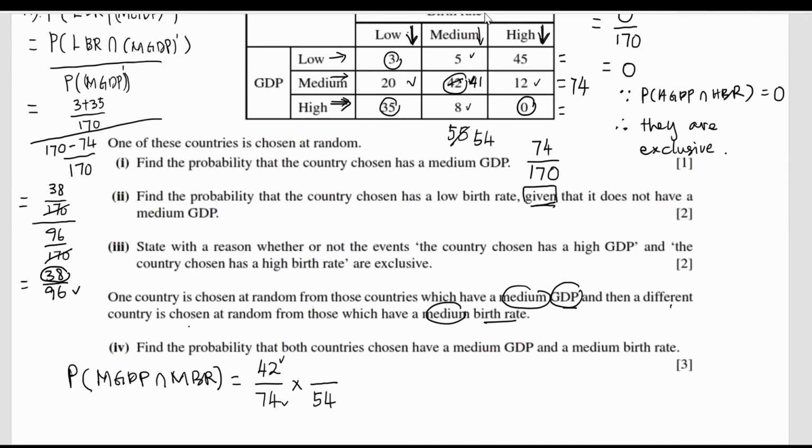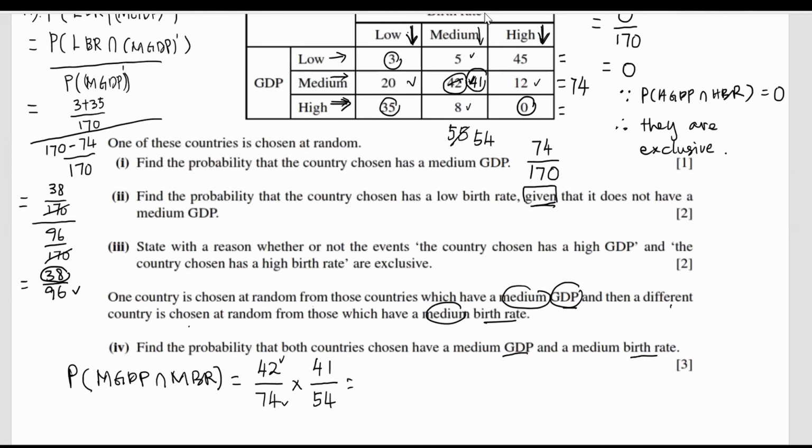So from these 54 countries, those which have median birth rate, what is the probability that this country has a median birth rate and median GDP? At this point, 41. So the probability is 41 divided by 54. And then we are getting the probability that both of these countries have median GDP and a median birth rate.